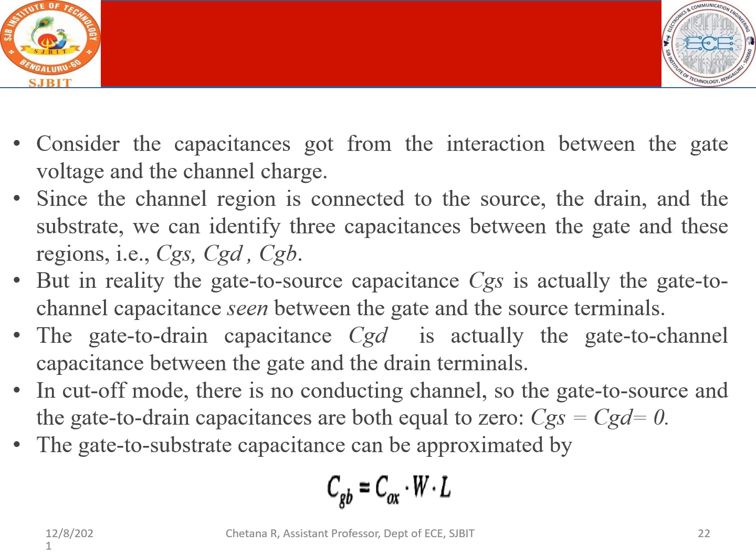But the substrate is still there, therefore CGB is approximated by COX W L. The substrate is your semiconductor material, so it has its own capacity for conduction. Apart from that, the channel gets created because of the voltage you apply. So the capacitance at the substrate is given by COX times W times L, whereas CGS and CGD are equal to 0. This happens in the cutoff mode.